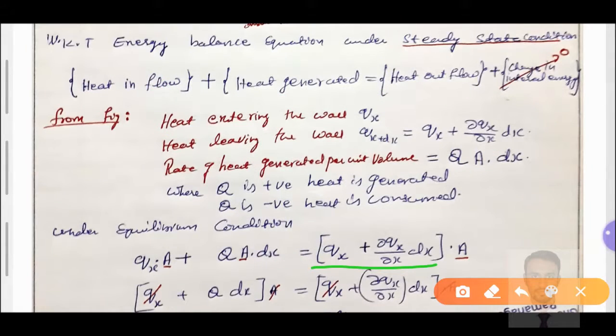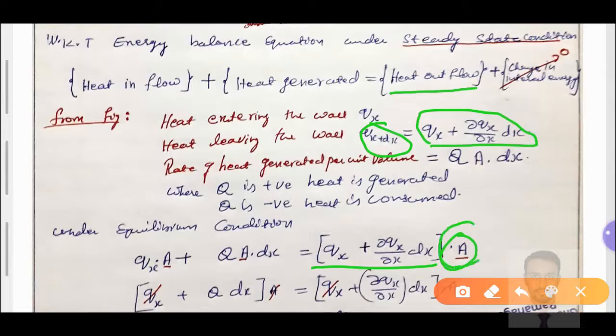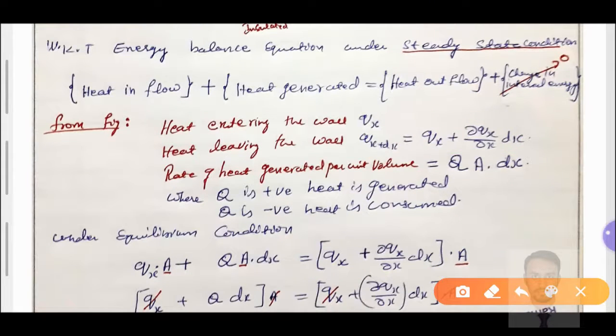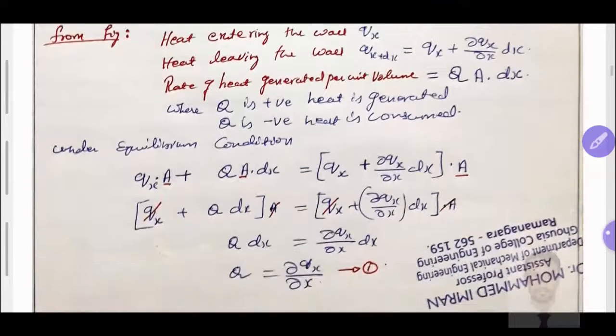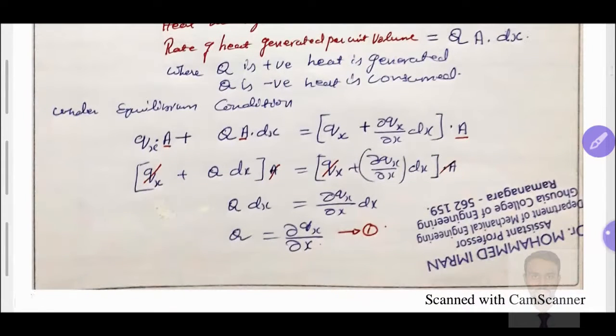I have taken this directly instead of multiplying this value by A; it is the heat outflow with respect to this cross section. Then the change in internal energy of the system is considered zero. Why? Because it is insulated, only one-directional flow takes place.